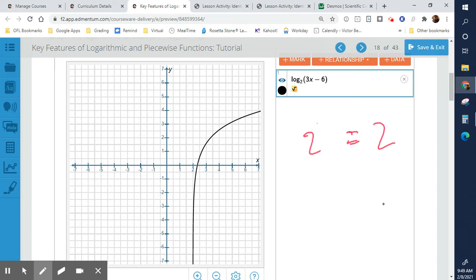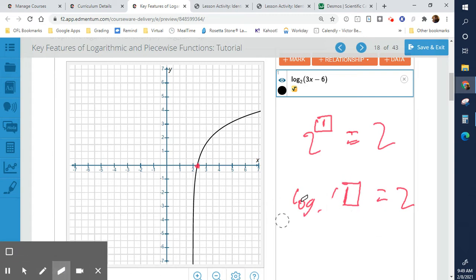Well, in order for that to be 2, that's where we get this 1. We want this to be 1. That's how we're able to do this. Log of what power is going to give us the same thing? So in order for that to happen, we want this to be 1. That's how we end up getting that 1 comma 0.